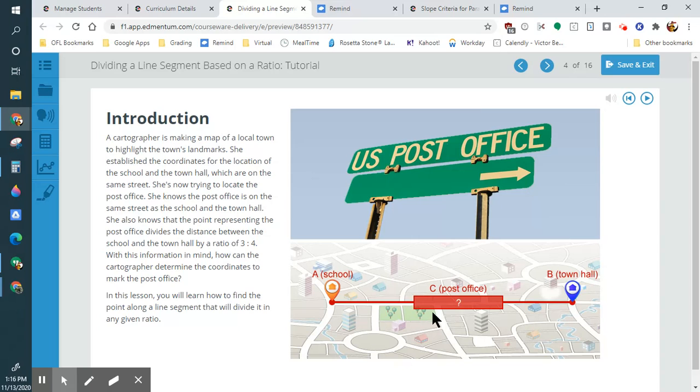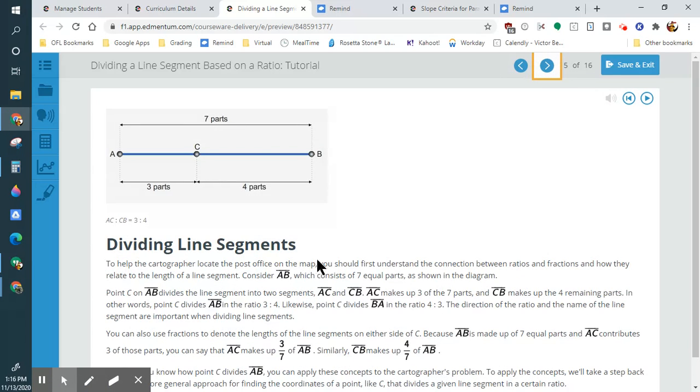So we know that this post office from the school is probably like three, and then if you stop there, it's another four. So you can see that as kind of like, let's pretend that they're miles. It could be any type of measurement, but I'm just going to call it miles. So it's 3 miles from the school and 4 miles to the town hall. We don't know where it is, so we need to give a ratio of that.